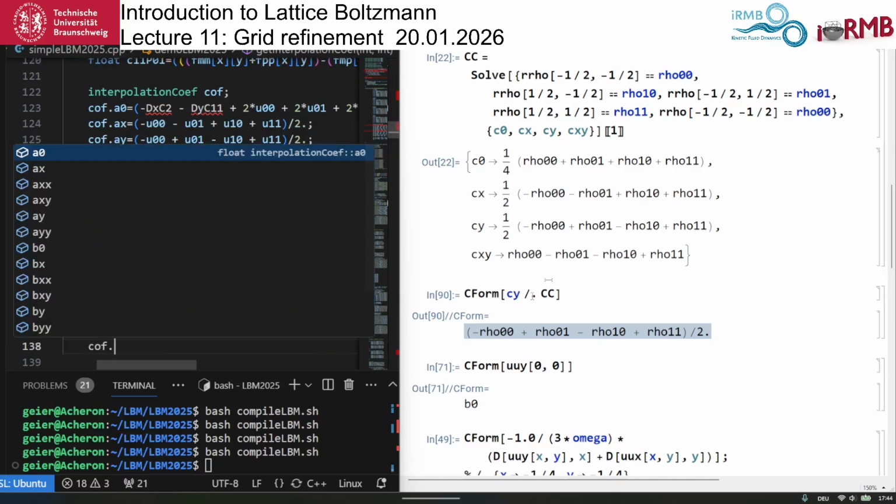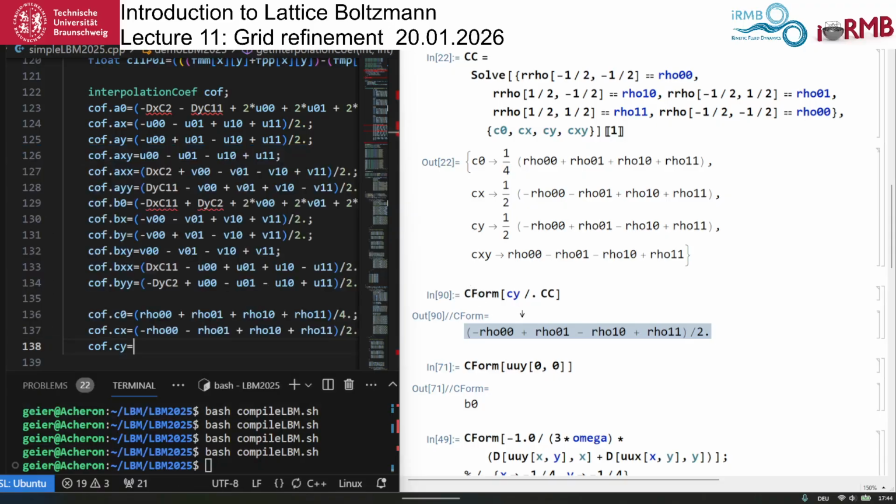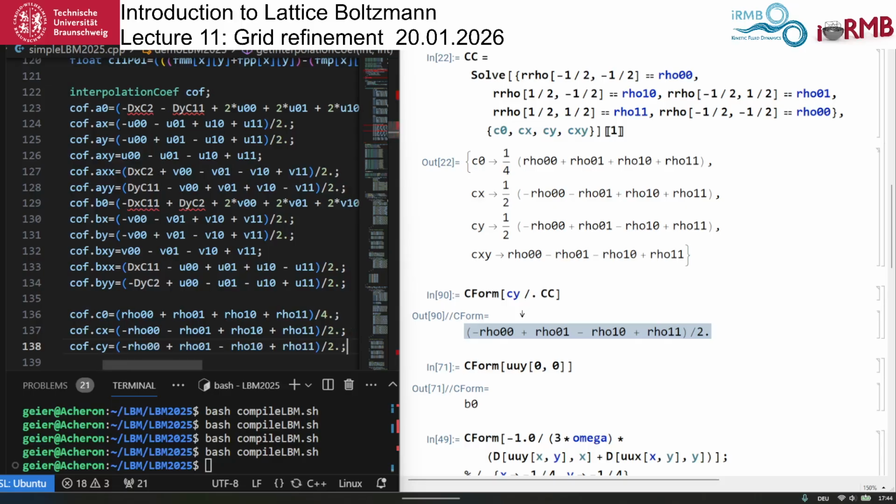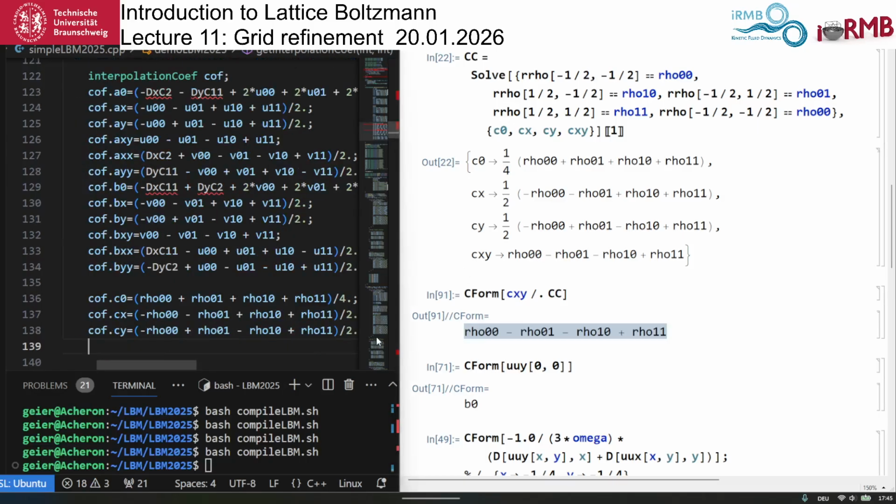I mean, you're learning bad behavior from me, because you should not just copy the Mathematica stuff. You should actually look at it and try to see whether it's well arranged and potentially rearrange it.